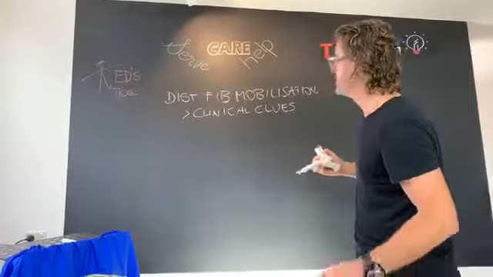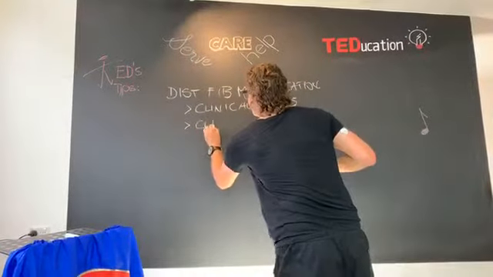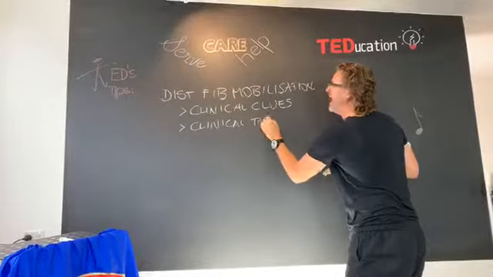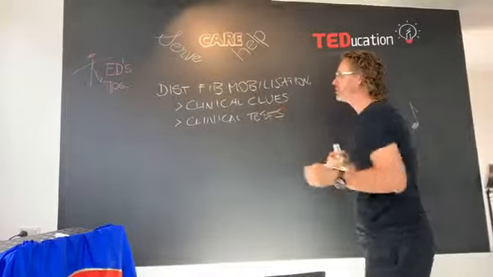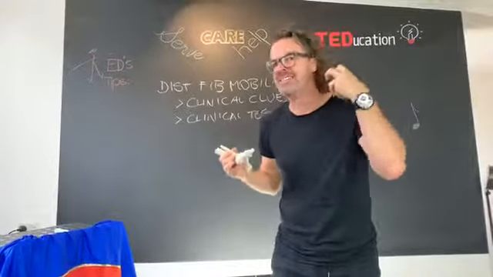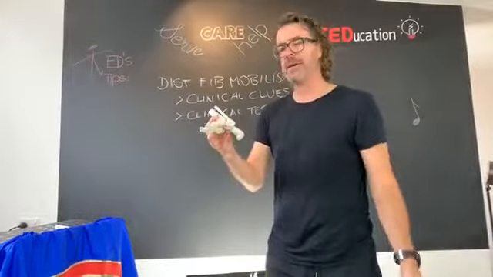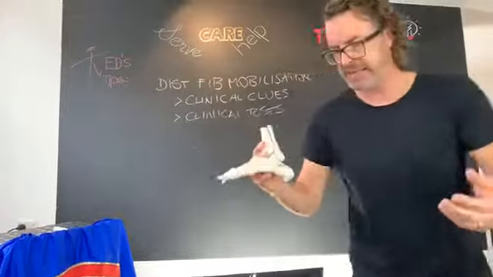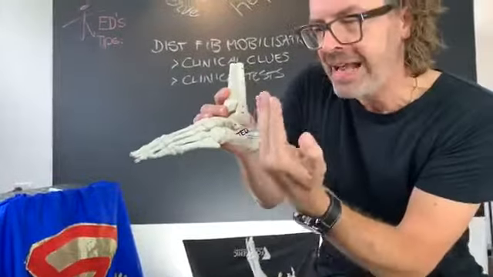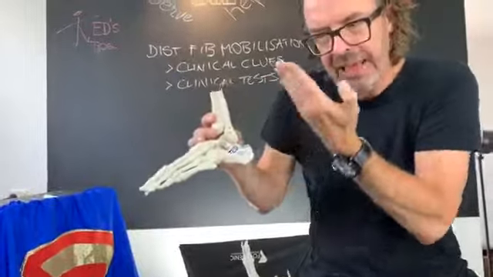The other elements that we need to take into account are the clinical tests. The clinical tests will help you in your clinical reasoning and decision making about how you're going to take care of this patient. The first clinical test: when we look closely, the fibula has a range of movement, and it kind of swings like a pendulum.